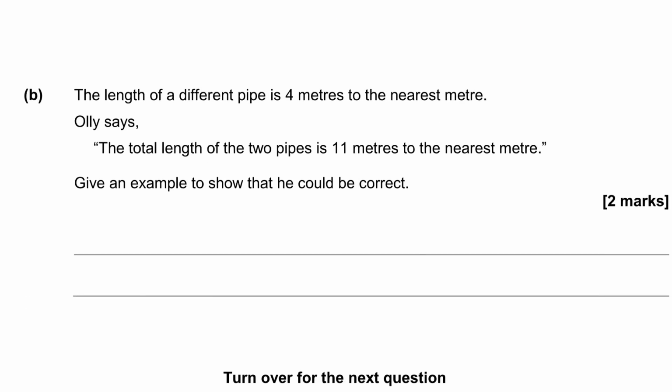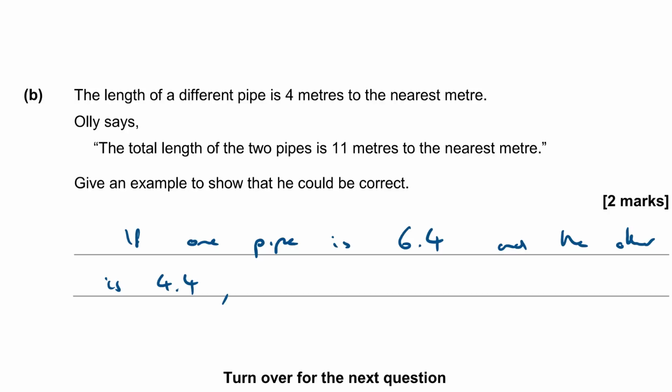So let's say if one pipe is up towards the upper end of that range, 6.4, and the other is, well, it could be 4.4, couldn't it?